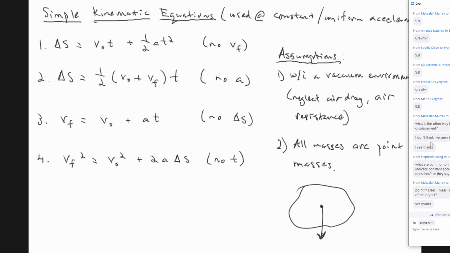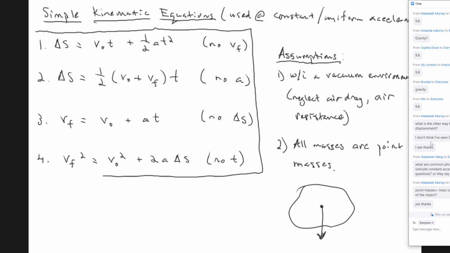Any other questions? So, can't stress this enough. These 4 equations, you need to know just as well as you do the back of your hand.